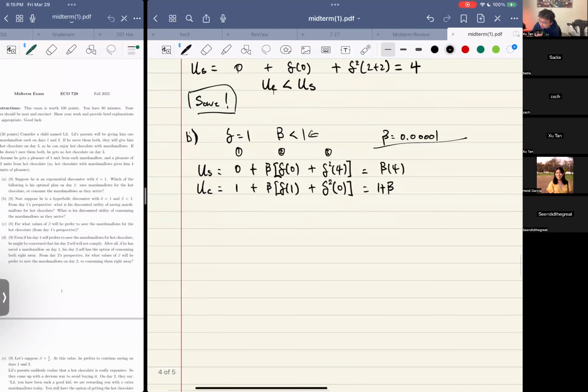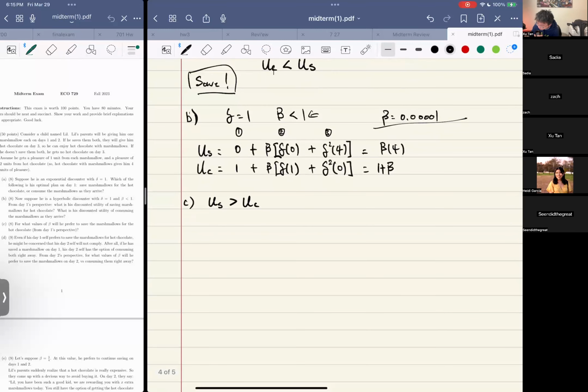I think that's what part C is asking. Part C is asking, for what value of beta will he prefer to save the marshmallow for the hot chocolate? So for what value of beta is US greater than UC?